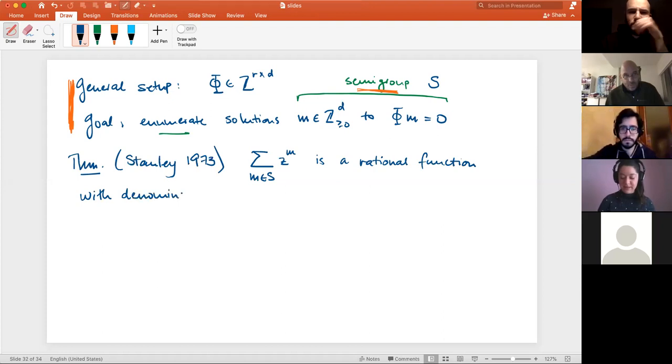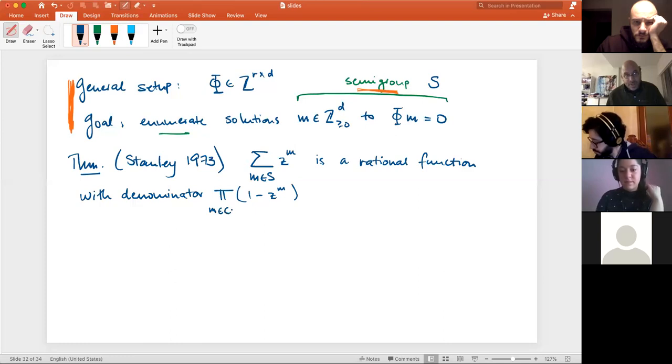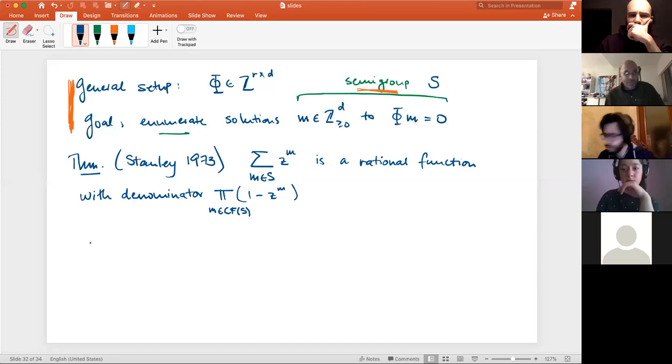He tells you what to expect in the denominator. In the denominator, you have a product of terms 1 minus some monomial, where m ranges through a certain set, depending on the semigroup, that he calls completely fundamental solutions, or completely fundamental elements.